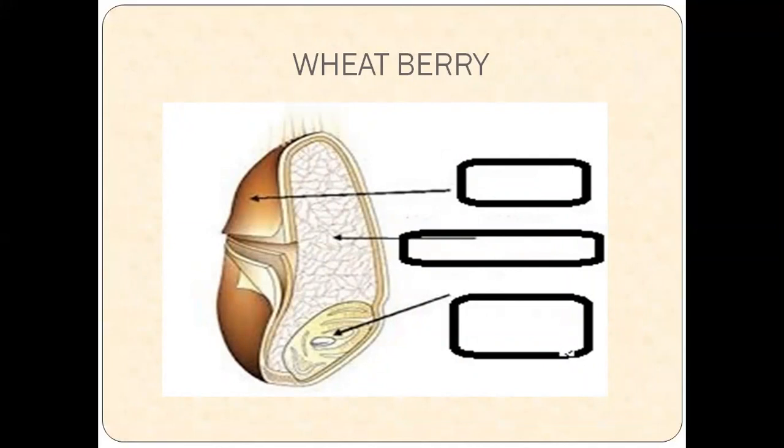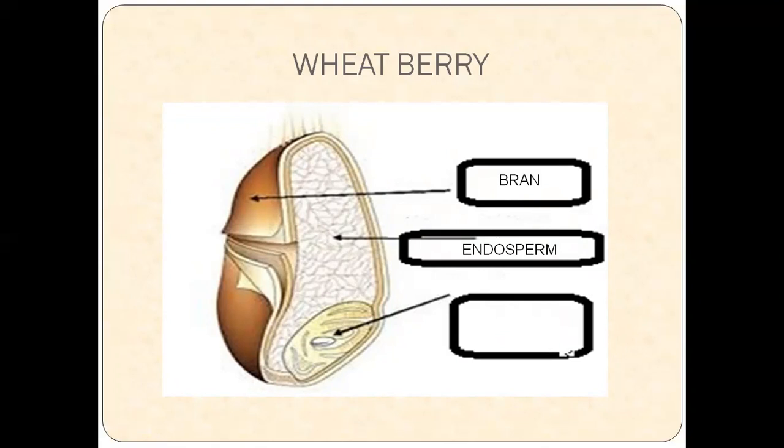Moving on, the next slide shows us a picture of a wheat berry, and let's go into understanding its parts and its uses. The first is the outer covering known as the bran, which contains fiber and minerals. The center part, which is the endosperm, which is white in color, contains two major components.